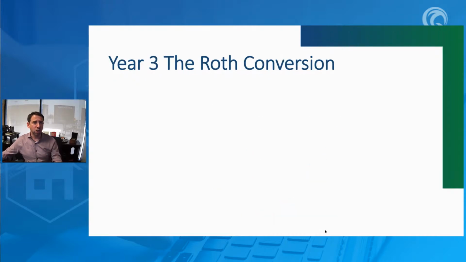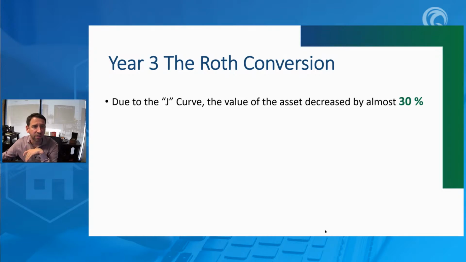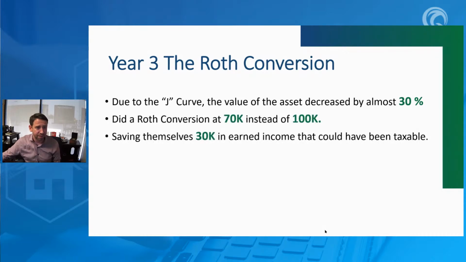All right. So year three, the client did a Roth conversion, and he decreased the value of the asset by 30%. This means when he did the Roth conversion, only $70,000 was technically converted versus the $100,000. He literally saved $30,000 in income by doing the right type of conversion.